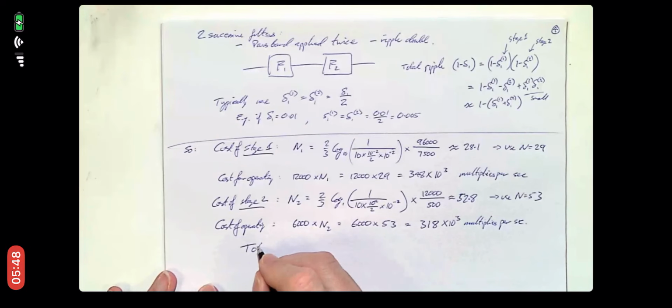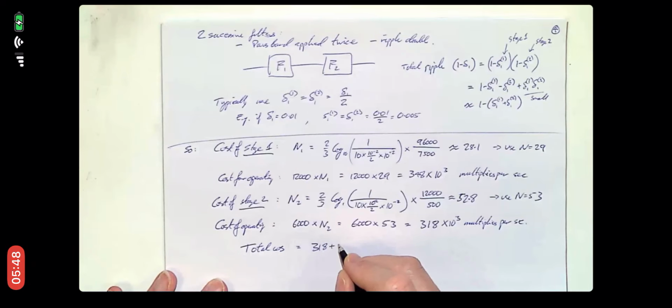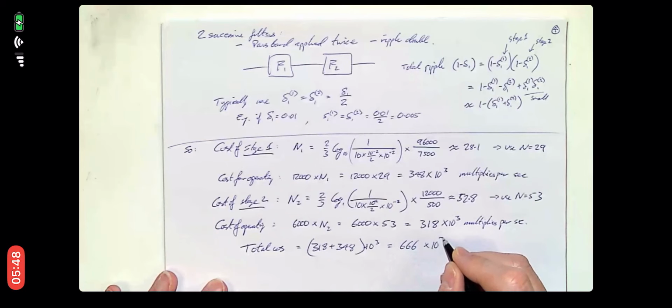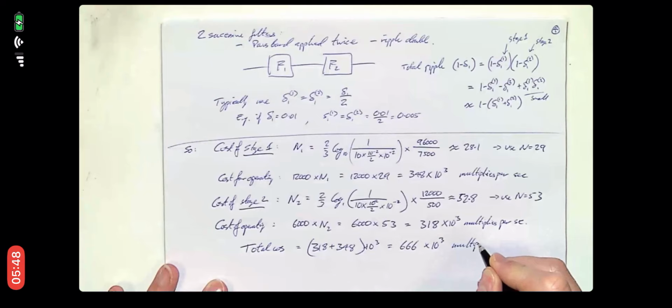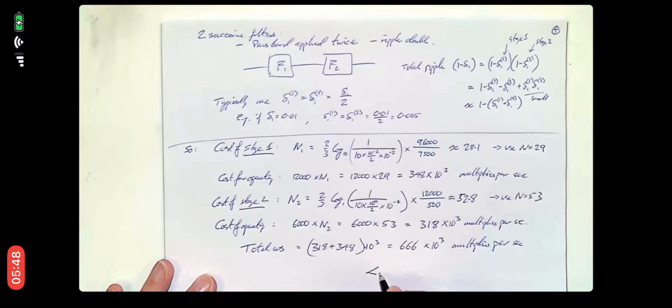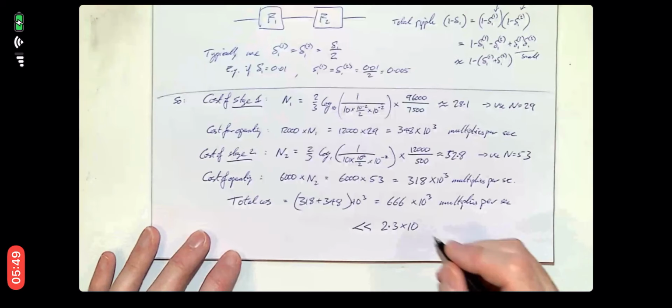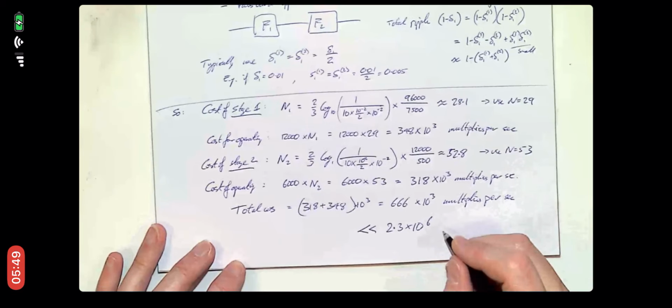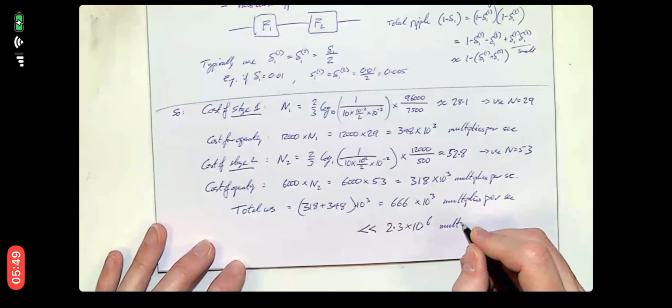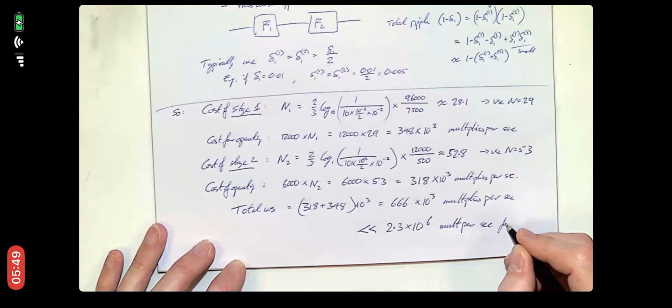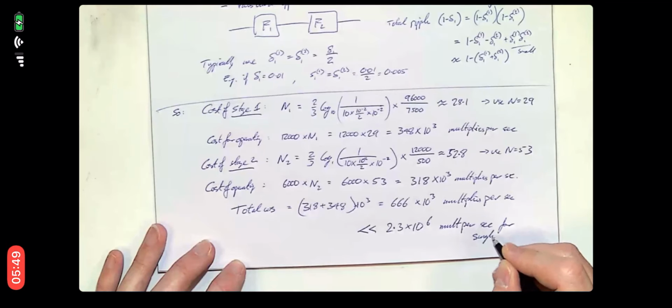So the total cost is 318 plus 348 times 10 to the 3, which is about 666 times 10 to the 3 multiplies per second, which is much less than our 2.3 times 10 to the 6 multiplies per second for the single stage.